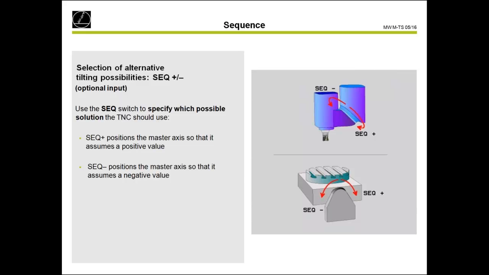So you program a spatial angle, A plus 19. Normally the control will move in the positive direction, but if you program sequence minus, then the table will go in the minus direction. But the C-axis needs to do a movement so that the workpiece is once again in the same position that you programmed. So you can use sequence minus to tell the control it should use a fixed direction for the tilting.